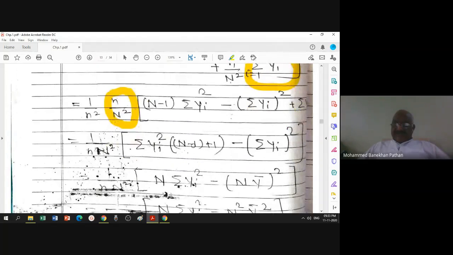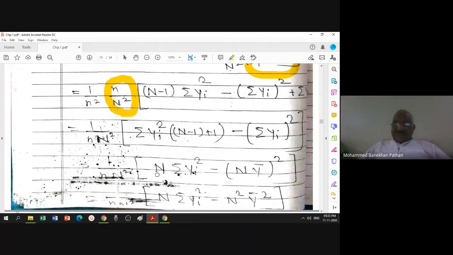This minus 1 cancels with plus 1. So you get n times summation yi square. And what is sum of y in terms of the mean? It is n times y bar.